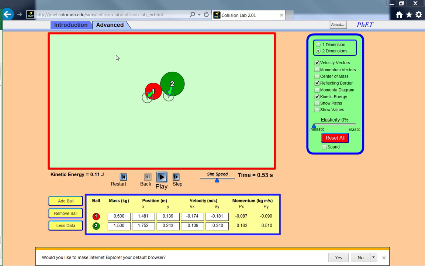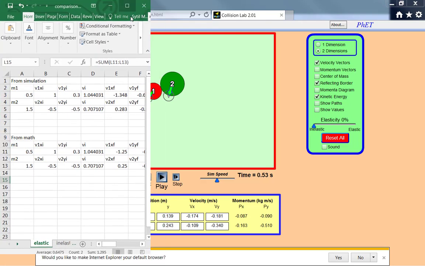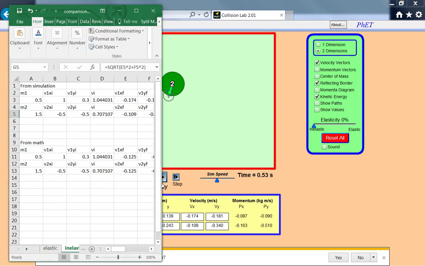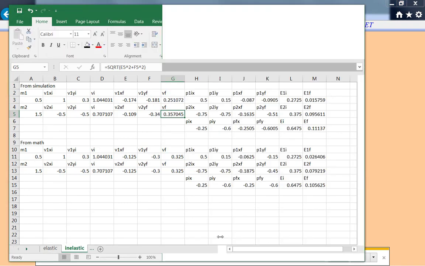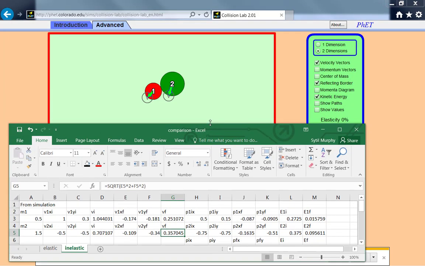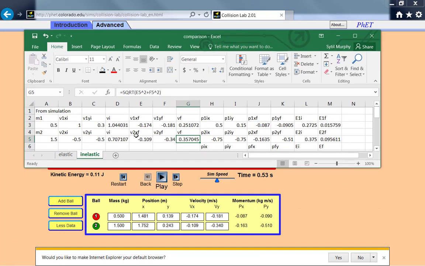Okay, and now I'm going to bring in the same Excel spreadsheet, but I have a tab for inelastic collision as well. So let's see if we can set this up so we can see both sets of numbers simultaneously and make sure I plugged everything in correctly. Okay, so V1 X final negative 0.14, V2 X final negative 0.109, and in the Y direction that agrees as well.